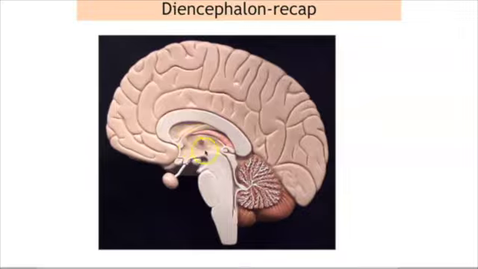Here is the thalamus. Here is the interthalamic adhesion. Here is the hypothalamus. Here is the infundibulum, aka pituitary stalk, and that is what is controlling the pituitary gland and its release of its many endocrine hormones.